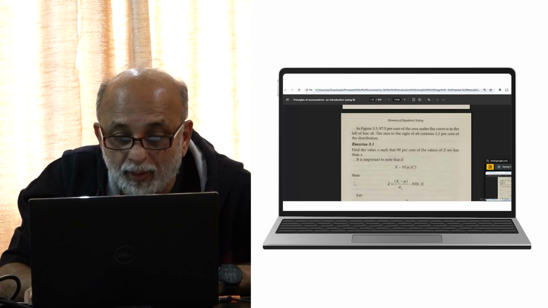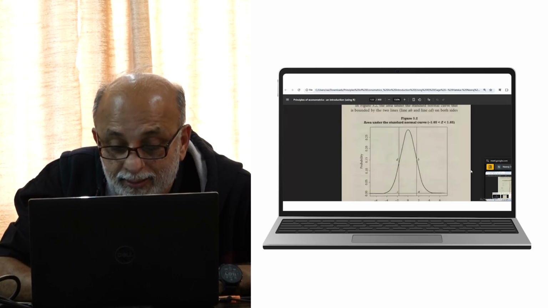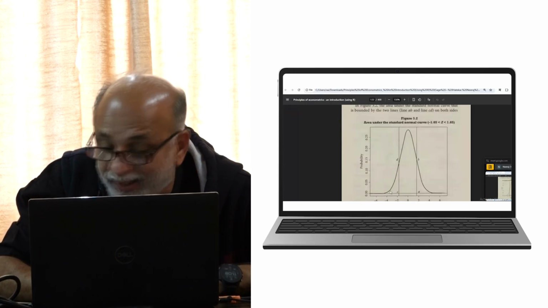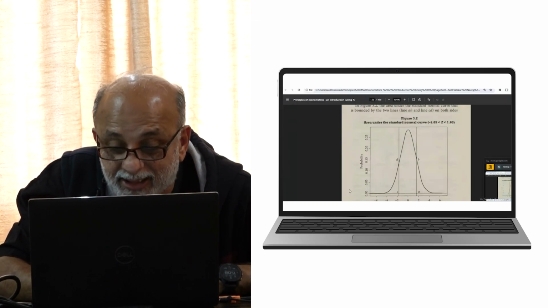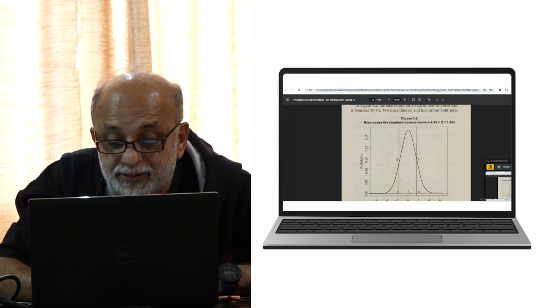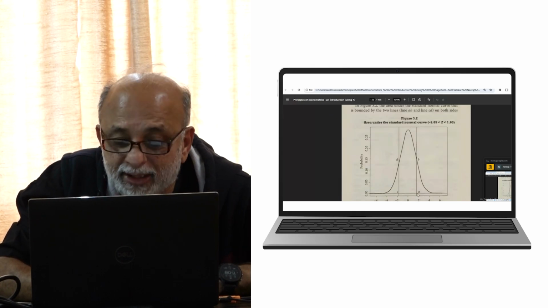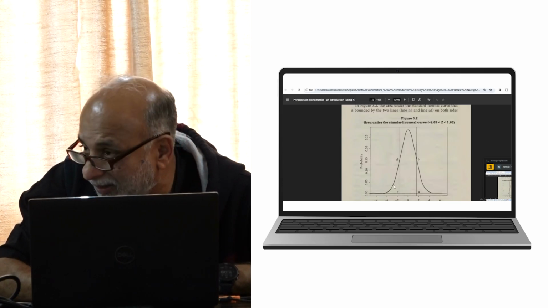I want this area plus this area. P norm will only give me this area if the number is positive. So I must find this area first, which is 1 minus P norm, and multiply it by twice to get this plus this area.